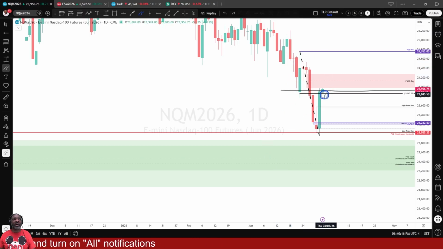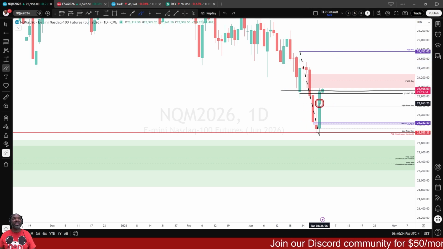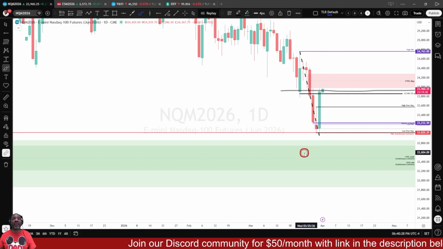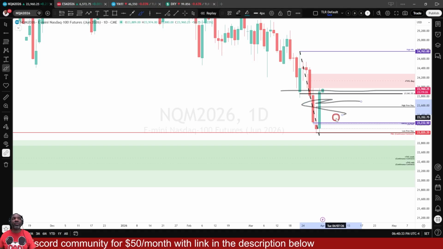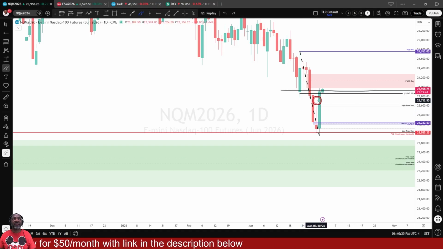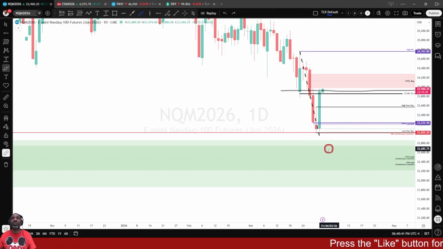So since that's the first imbalance after leaving this area, that's significant. It is important. But guess what? It is in the discount of our move.